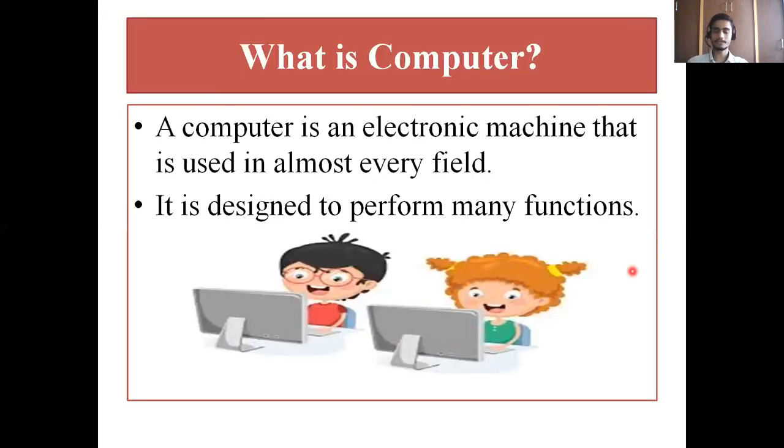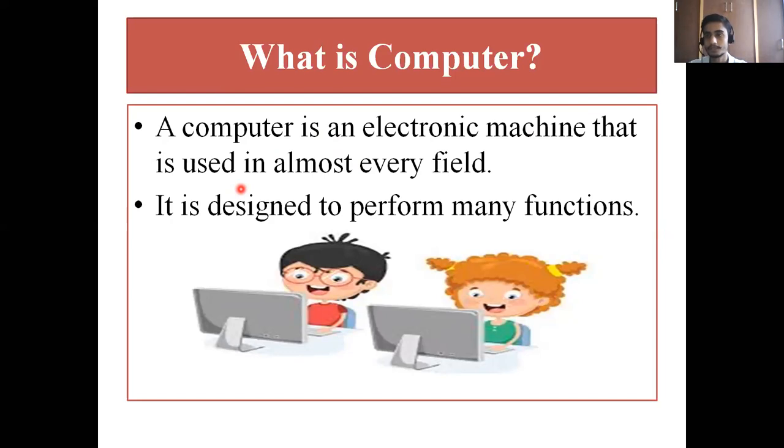Now we have to understand what a computer is. We have to learn the correct definition of a computer. A computer is an electronic machine that is used in almost every field. Students, we are using computers in almost every field. Even learning by the online method is done with the help of a computer.